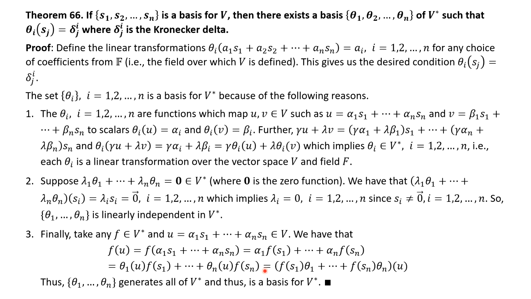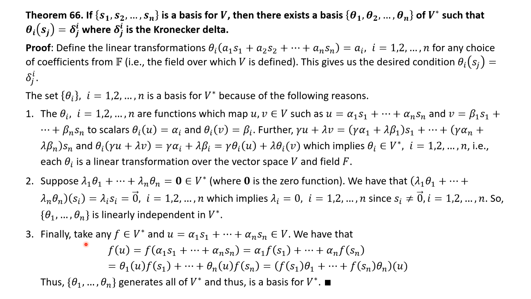And keeping in mind that the thetas are linear transformations, we proved that here, and these f of s sub 1, f of s sub n, and so forth, these are just constants. So this is equal to this here, as applied to u.